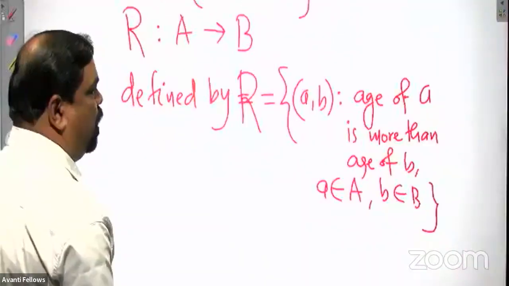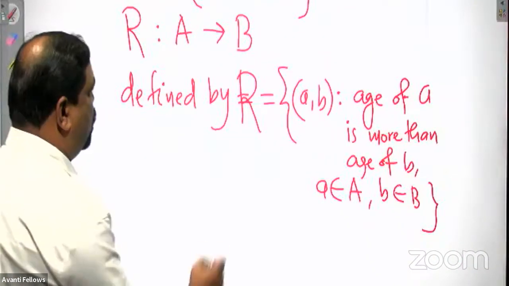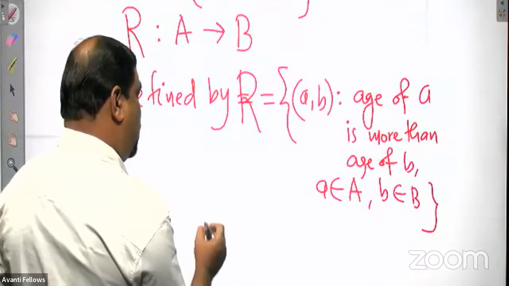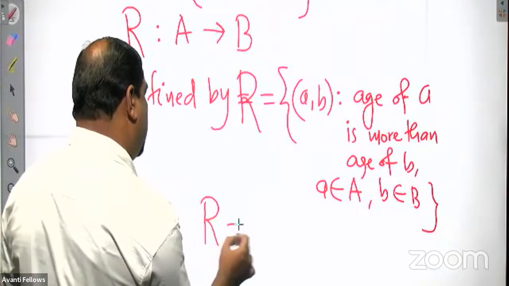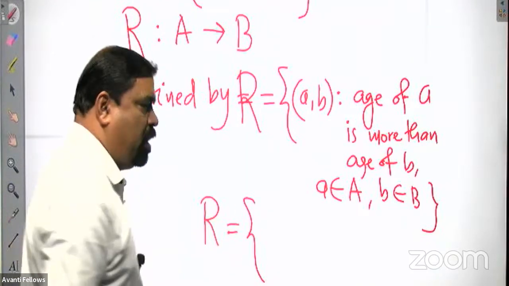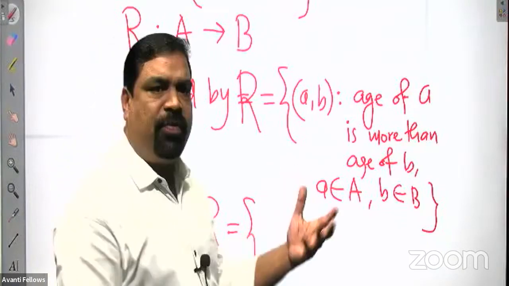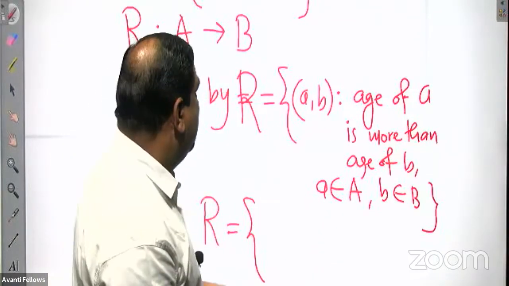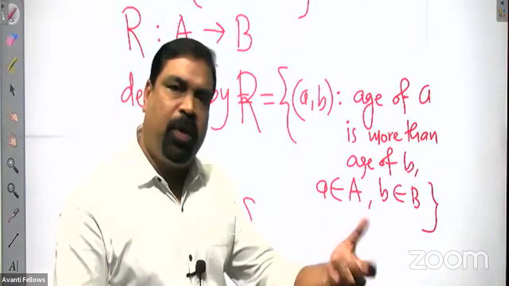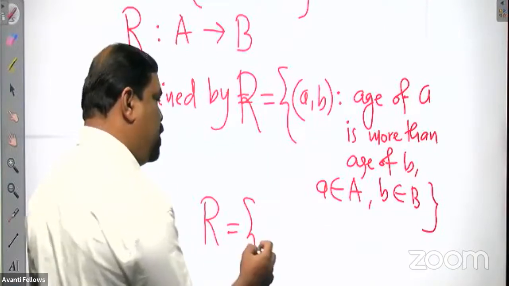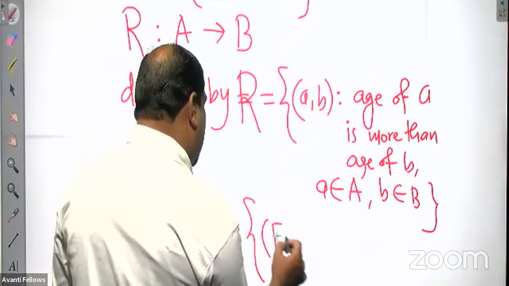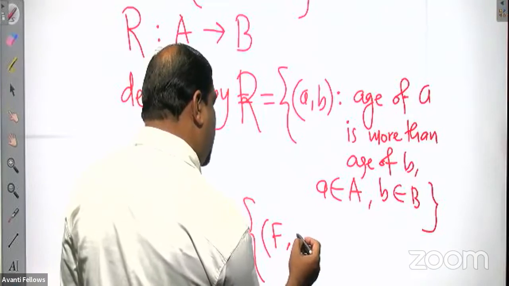For example, I'm taking this example. Now, what are the elements in this relation? We can list all the elements of this relation. The first set is father, mother. Second set is the elements son and daughter. So definitely the age of father will be more than the age of the son.